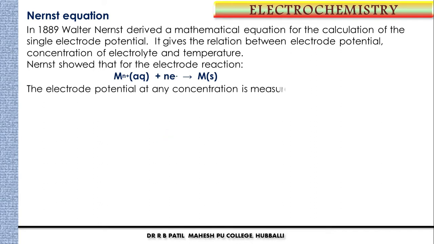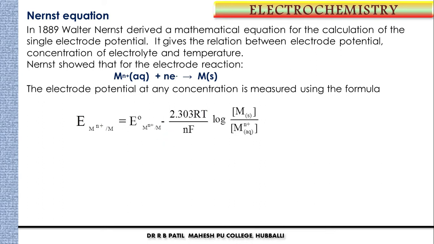Electrode potential of metal M is equal to its standard electrode potential minus 2.303 RT divided by nF log of reduced form divided by oxidized form, or in other words, product divided by molar concentration of the reactant.